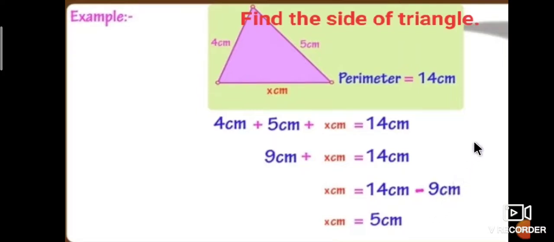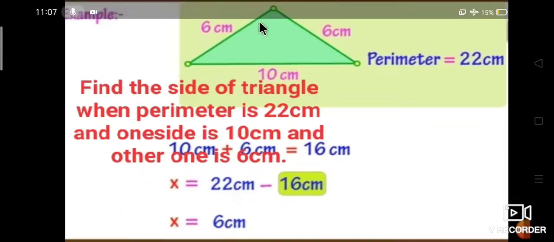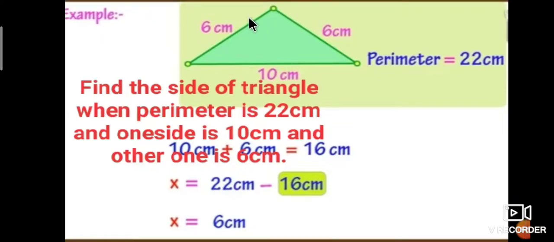Similarly, we solve another example. Find the side of a triangle when the perimeter is 22 centimeter and one side is 10 centimeter and the other is 6 centimeter. Observe this, students. One side is 6 centimeter, other side is 10 centimeter. Perimeter is given, that is 22 centimeter. We know that the perimeter is equal to the sum of the lengths of all sides.